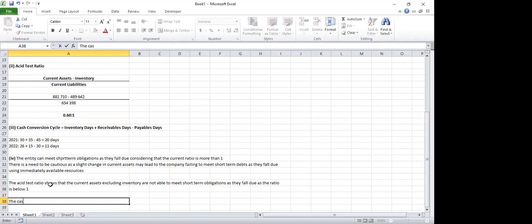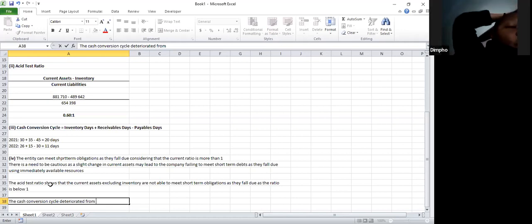Then the cash conversion cycle deteriorated from... yes, Dimpo. While we were calculating the ratios, you're saying 2:1. Where is it coming from? It's just like I'm saying, a safer ratio. It's not on the question.